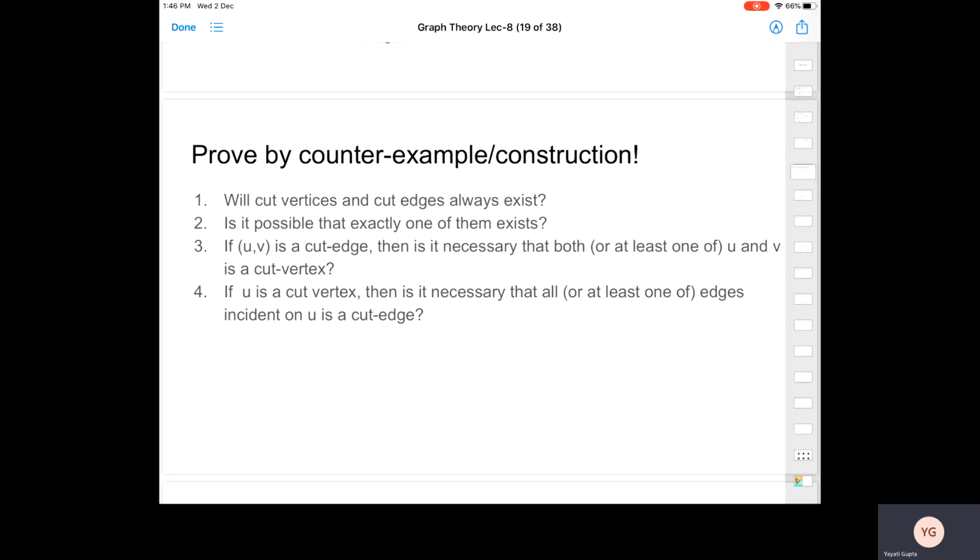Question 3 says: if UV is a cut edge, then do you think that U and V should be cut vertices? Either one of these should be a cut vertex, or both of these should be cut vertices? Similarly, if U is a cut vertex, then of all the edges which are incident on U, do you think all of them are cut edges or at least one of them is a cut edge? Do we have any such condition?